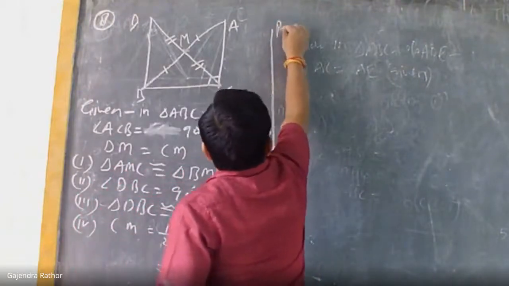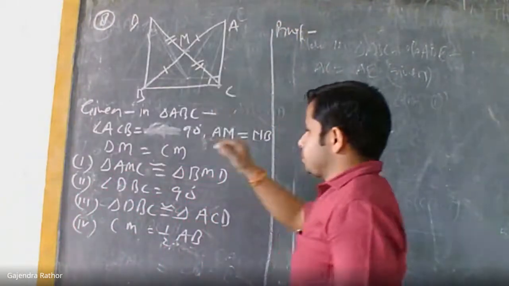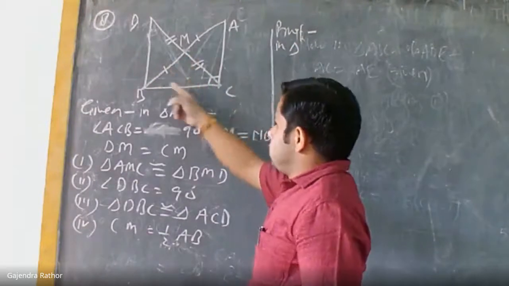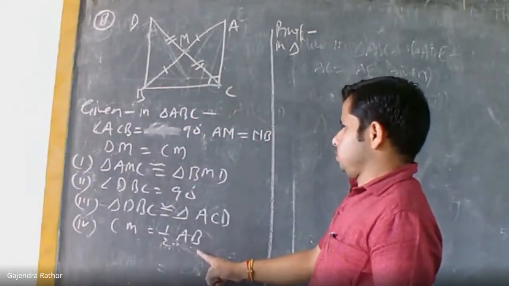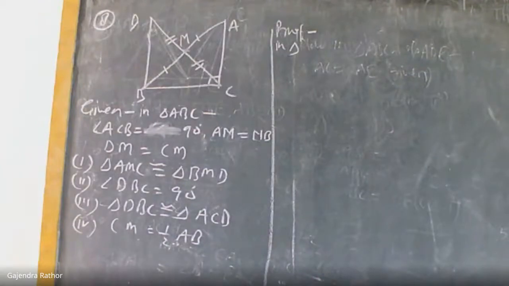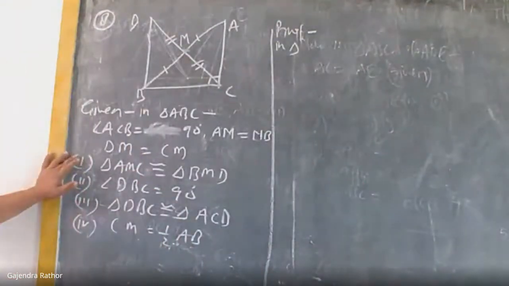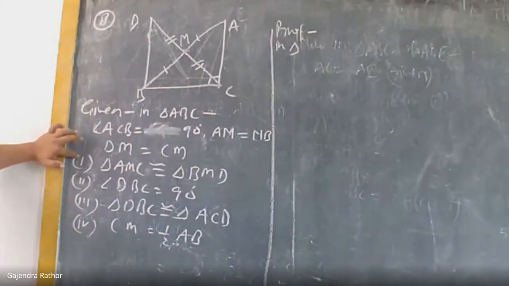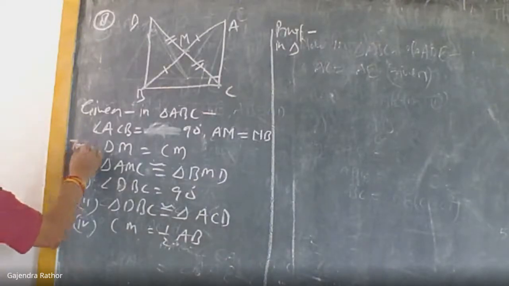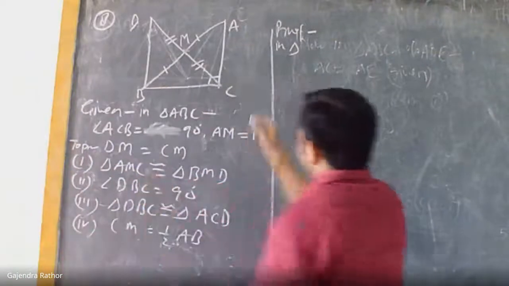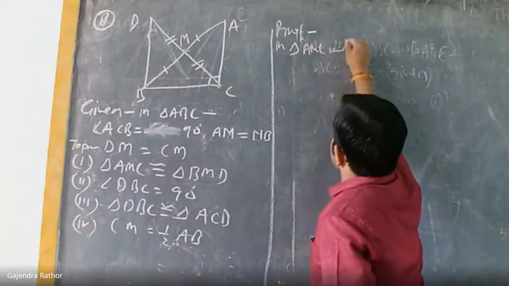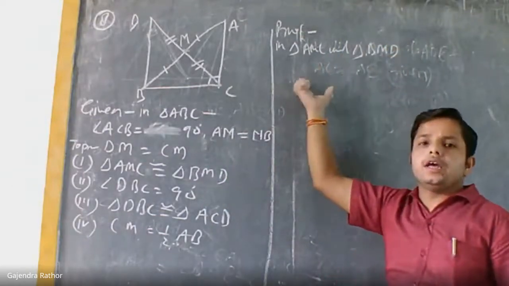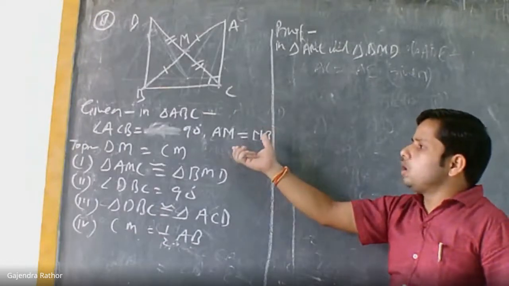Now prove. Now in triangle AMC and triangle BMD, identify the 3 equal corresponding parts in these 2 triangles.